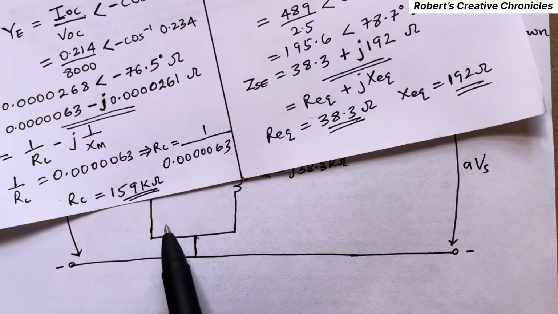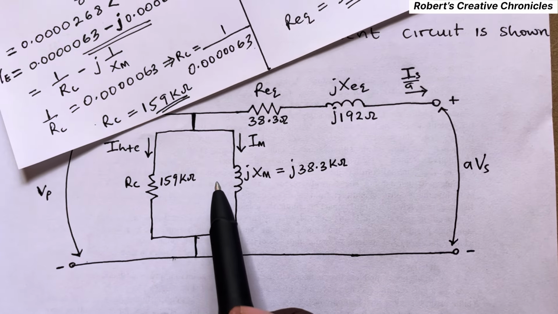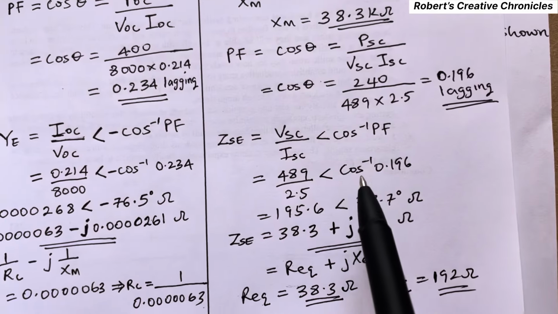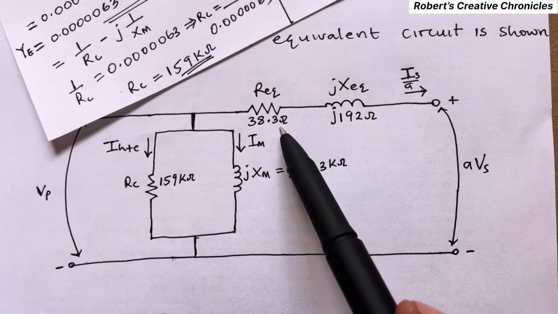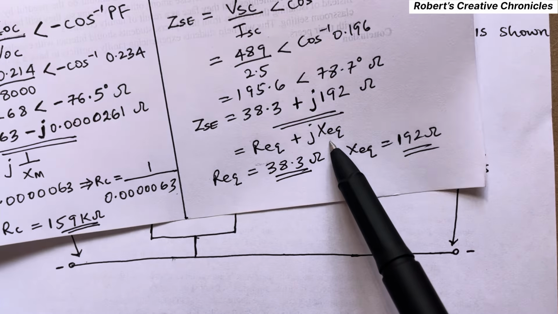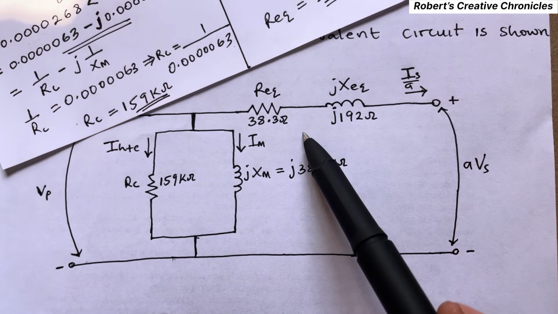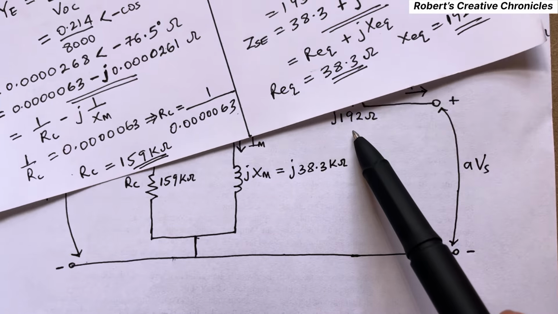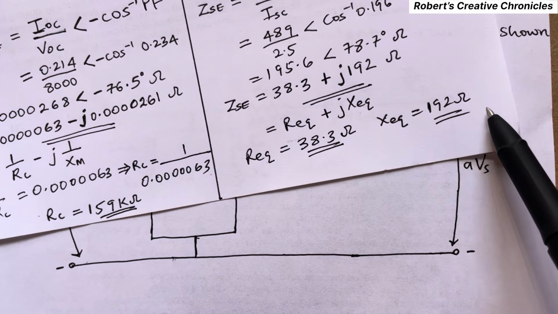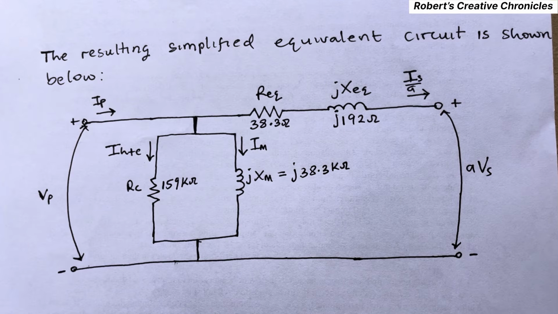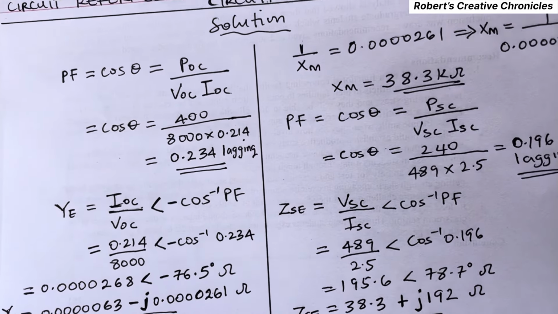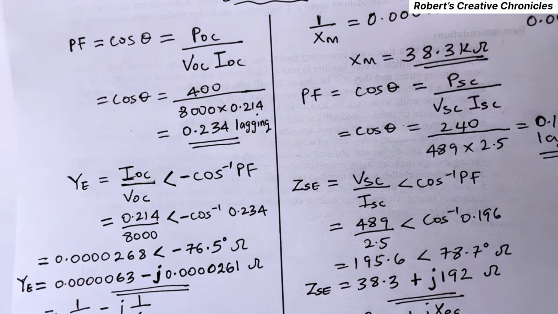So RC is 159 kilo ohm, XM is 38.3 kilo ohm, the equivalent resistance is 38.3 ohm, and this is j192 ohm. So this is the sketch and these are the workings, the calculations.